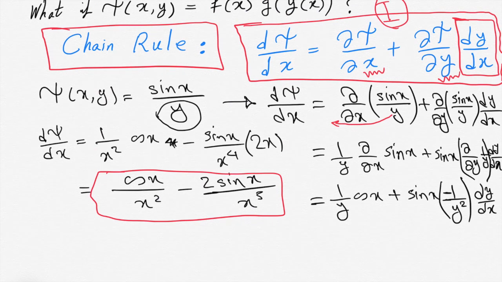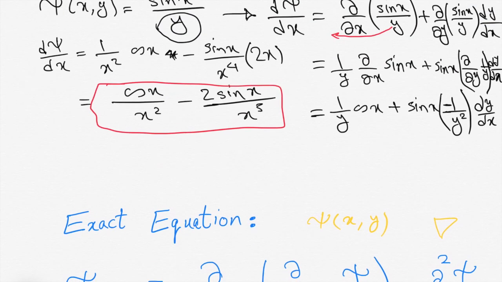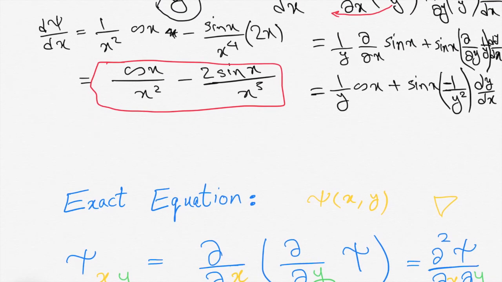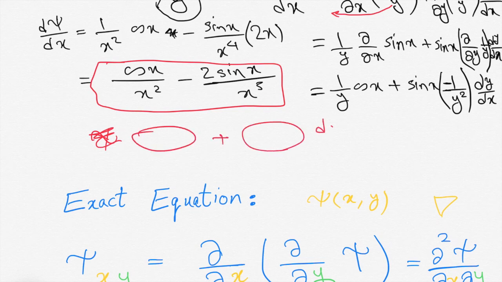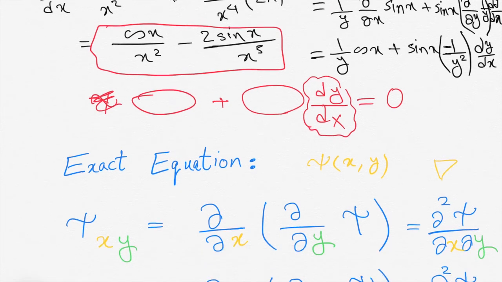Because it has dy over dx right here. In our equations, maybe we have something like a function plus another function times dy over dx, which is equal to 0.